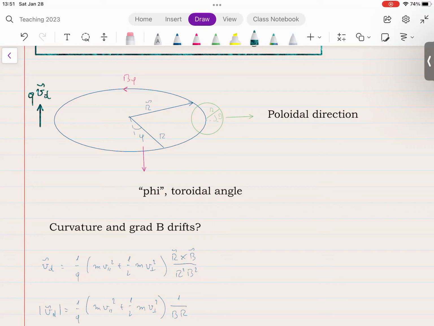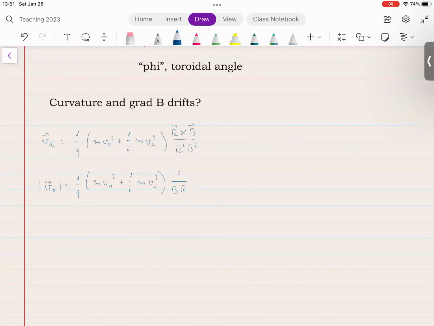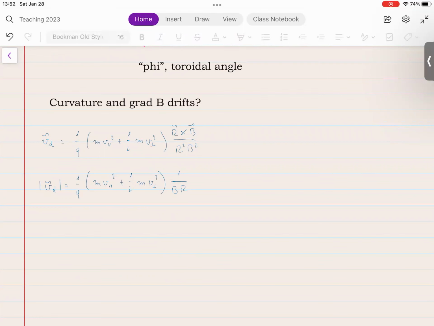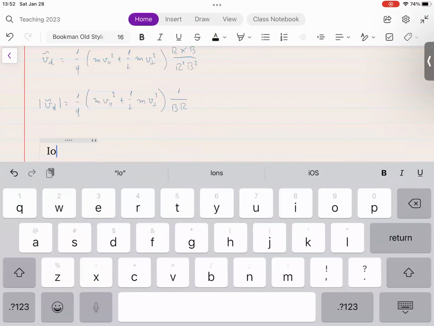Could be plus or minus. I'll leave in the charge in front. And if you work it out, the charge appears that way. That means that ions drift up and electrons drift down. By ions, I mean, of course, positive ions.